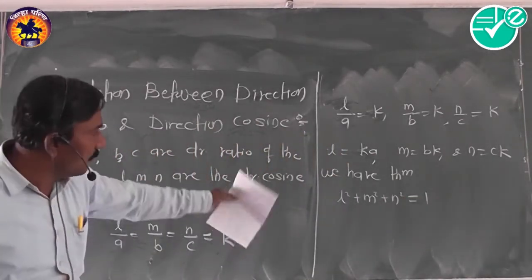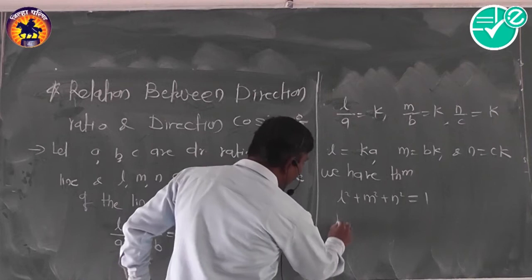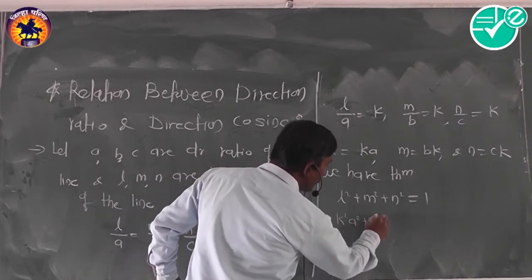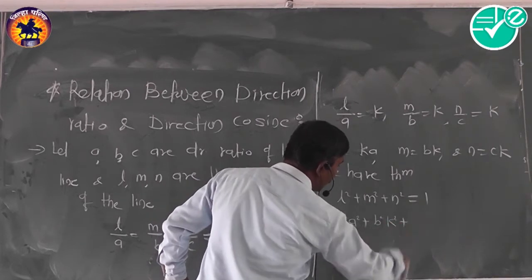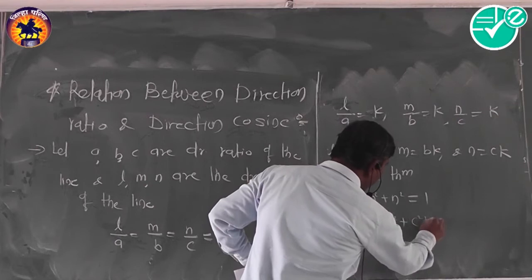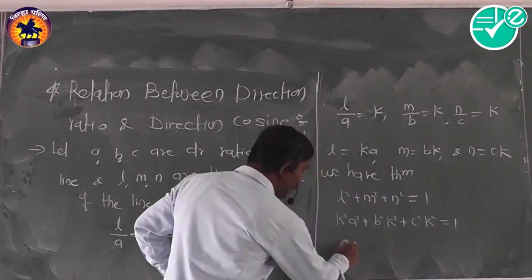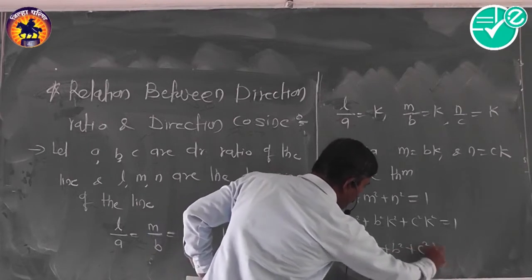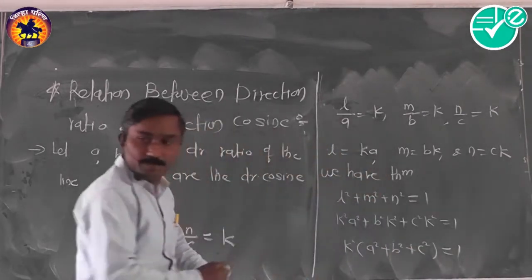So we put the values: K square A square plus B square K square plus C square K square is equal to 1. K square outside, A square plus B square plus C square is equal to 1.